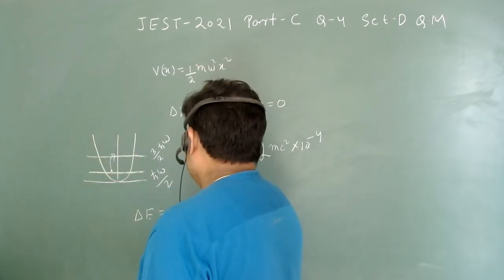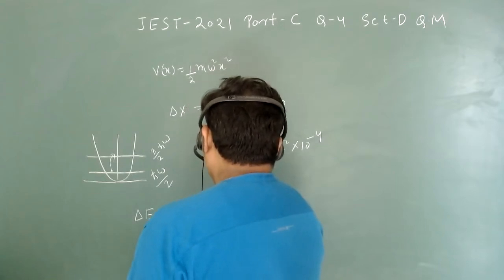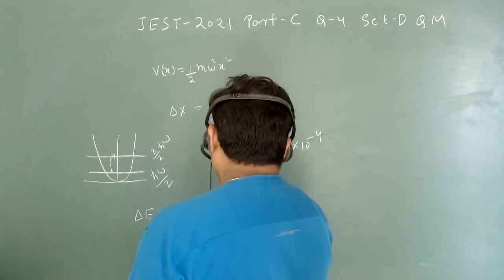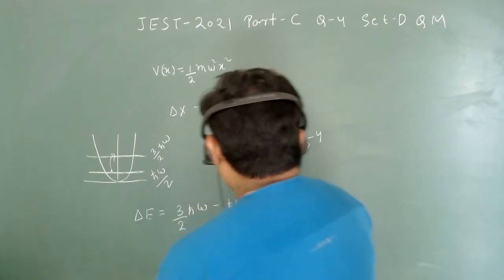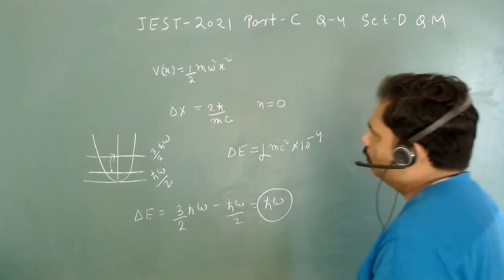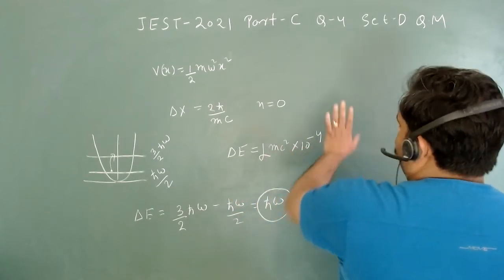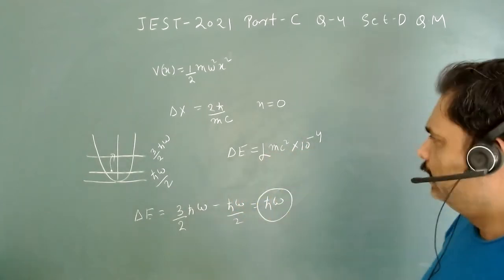That value is 3 by 2 h cut omega minus h cut omega by 2, that is h cut omega. So basically we have to write this value of h cut omega in terms of alpha mc square into 10 to the power minus 4. So how can we write this?